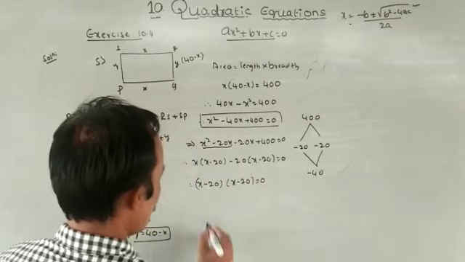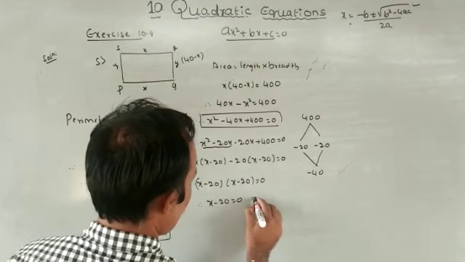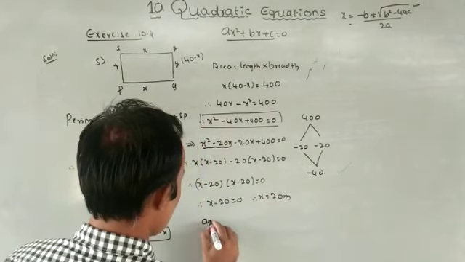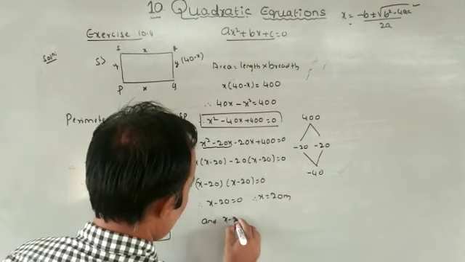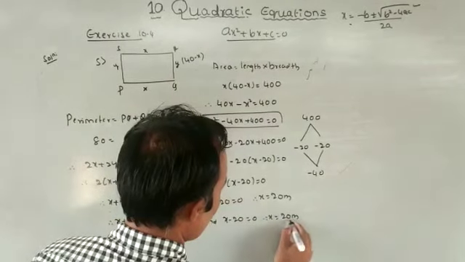Yes. Now this is of the form ax square plus bx plus c is equal to 0. Correct? Now what is the value of a? 1. What is the value of b? Minus 20. What is the value of c? 112.